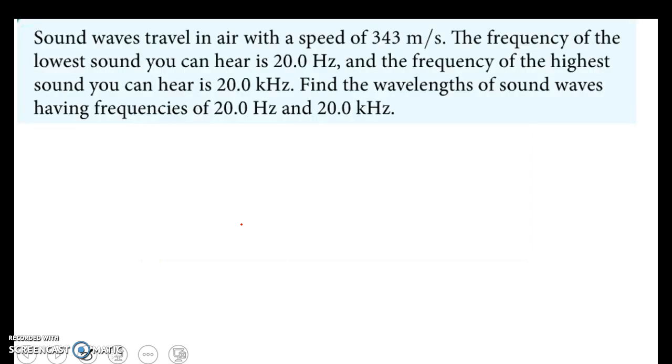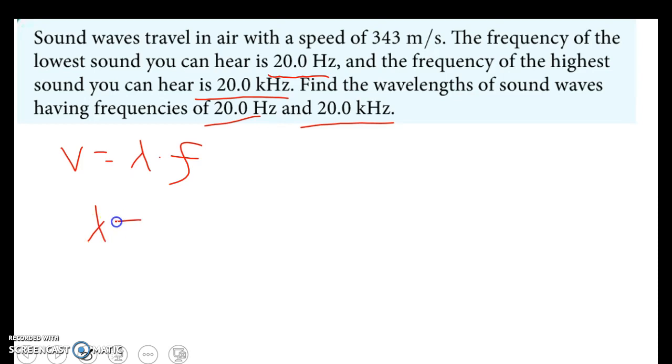Here's an example. Sound waves travel with a speed of 343 meters per second in air. Air temperature would change that a little bit, but essentially that's our average. The lowest sound you hear has a frequency of 20 hertz. The highest frequency is 20 kilohertz, or 20,000 hertz. Find the wavelengths of sound waves having frequencies of 20 hertz and 20,000 hertz. So velocity is wavelength times frequency.